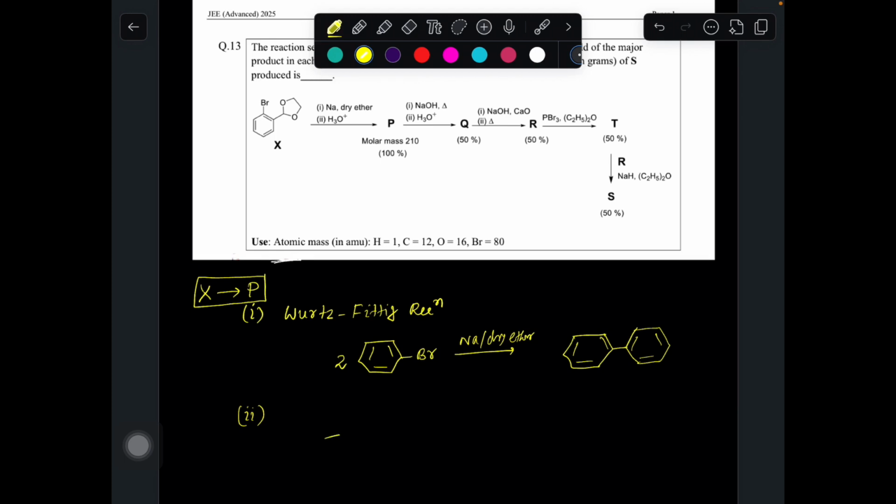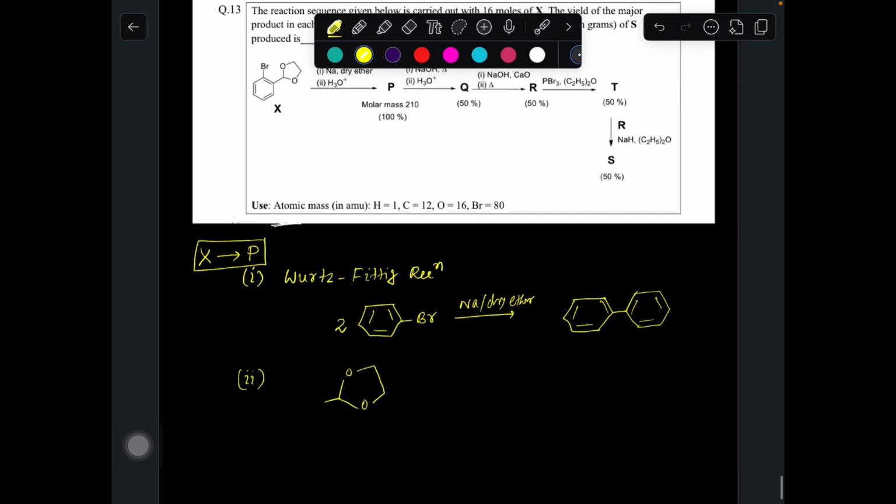Here this group is a protected carbonyl group, protected using a 1,2-diol. In the presence of H3O plus it will deprotect, and it is converted to simply CHO. So the second step is the deprotection of the carbonyl group, here an aldehyde.